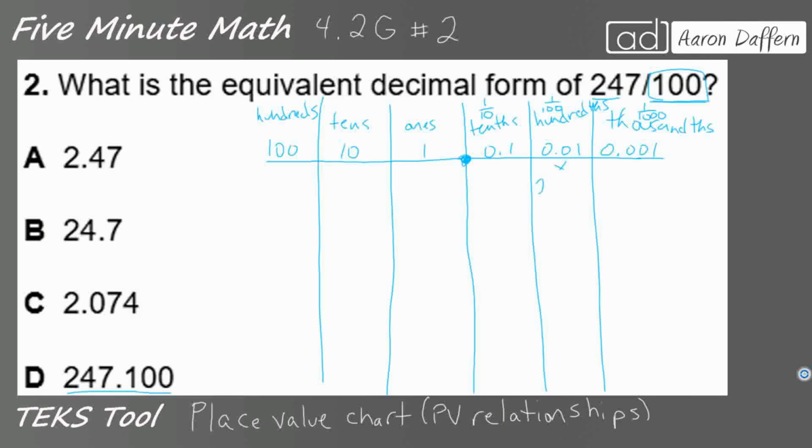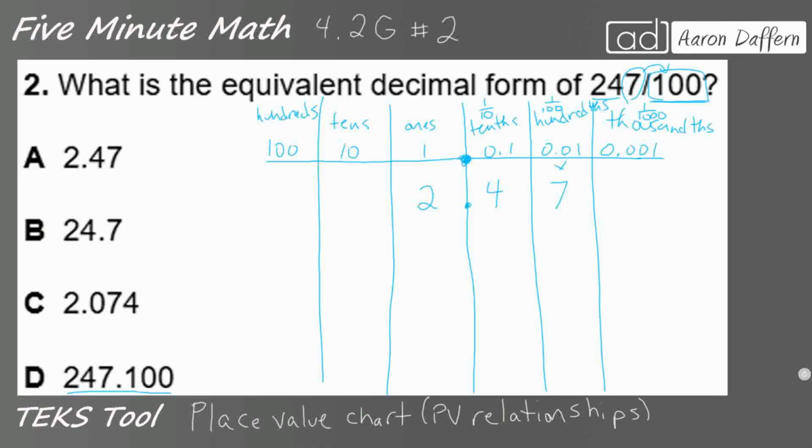Now, obviously, if I write 247 right there, that's going to look a little bit weird, and so we're not going to do that. What we end up doing is we take that final place and we reserve it for the final digit. All right, so the 7 is going to go in the hundredths place. And then you just build your number to the left, and you only have one digit in each place.